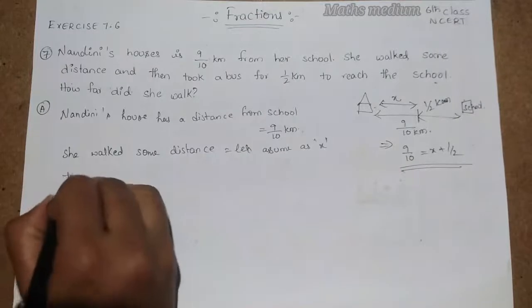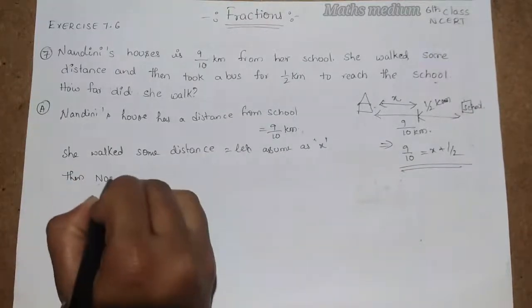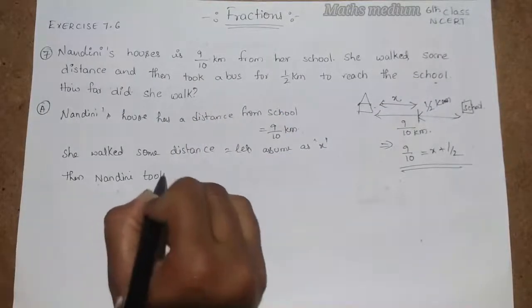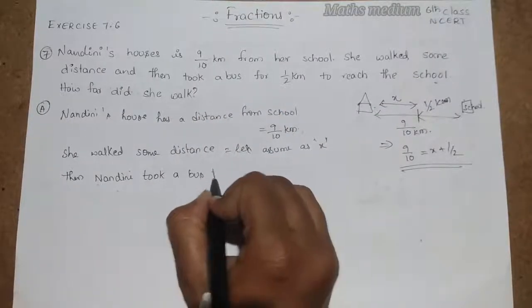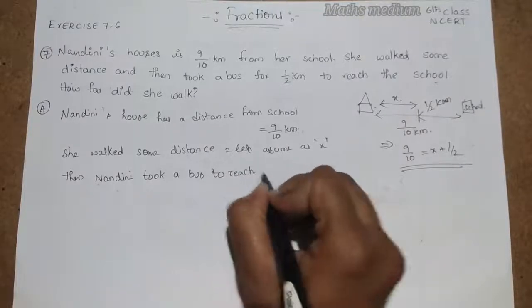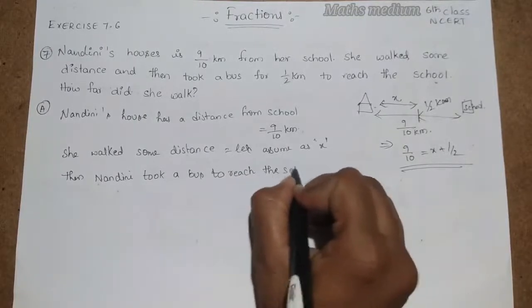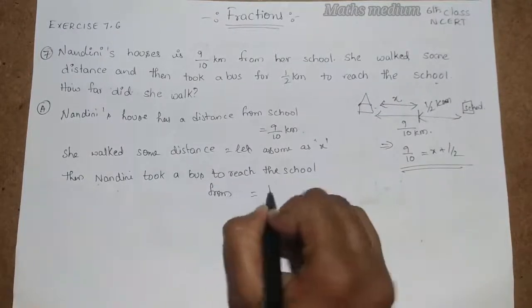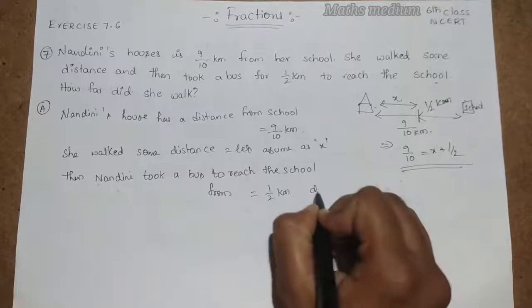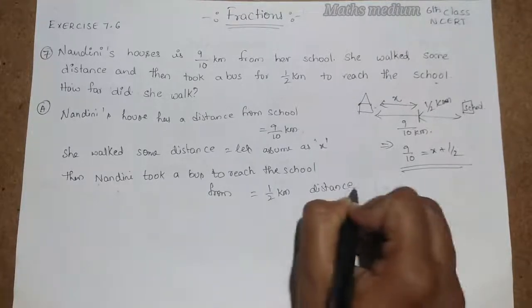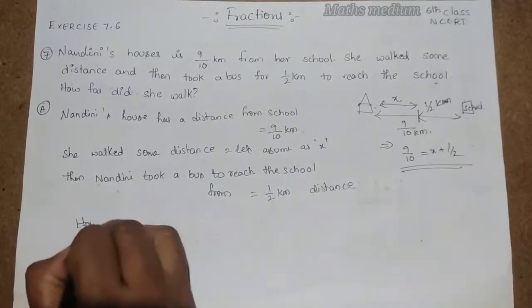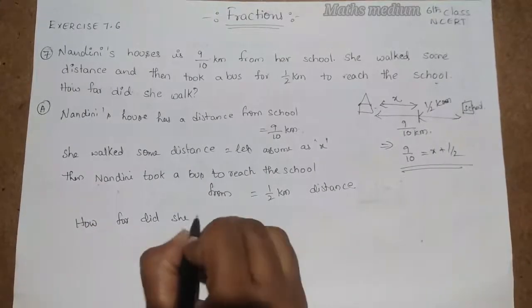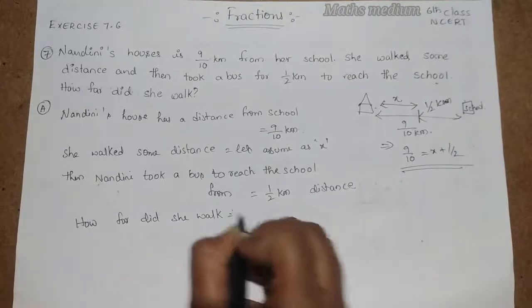Then Nandini took a bus to reach the school from a 1 by 2 kilometer distance. Next, we have to find how far she walked.